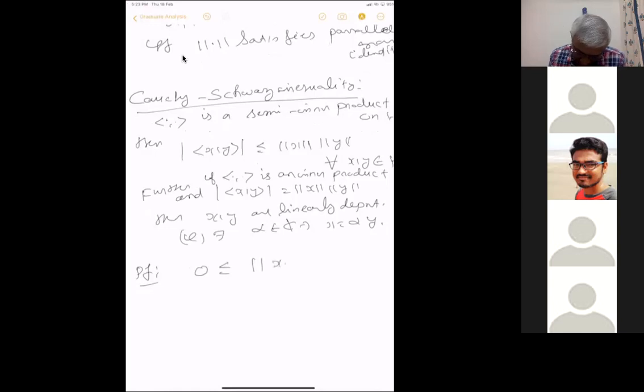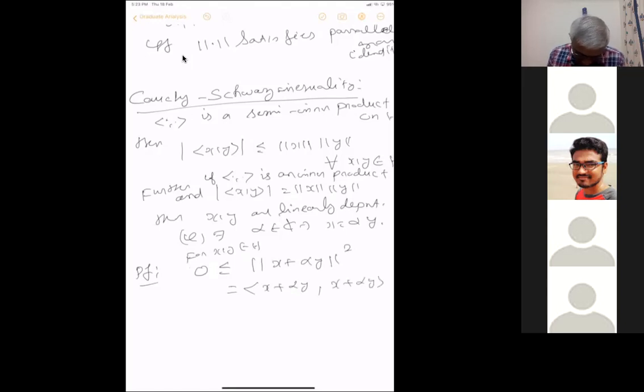Take x plus alpha y for x and y in H. The norm of x plus alpha y squared is greater than or equal to 0, of course. That is clear. But this is equal to <x plus alpha y, x plus alpha y>, which is greater than or equal to 0.